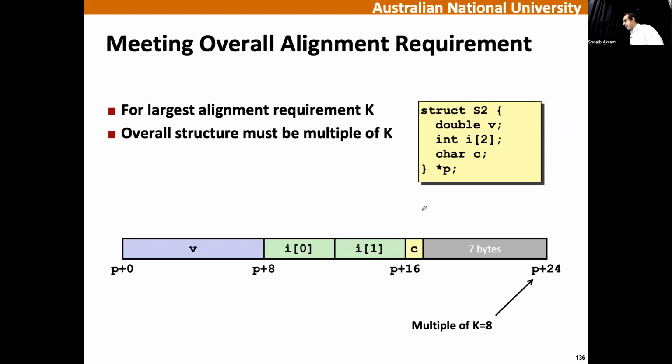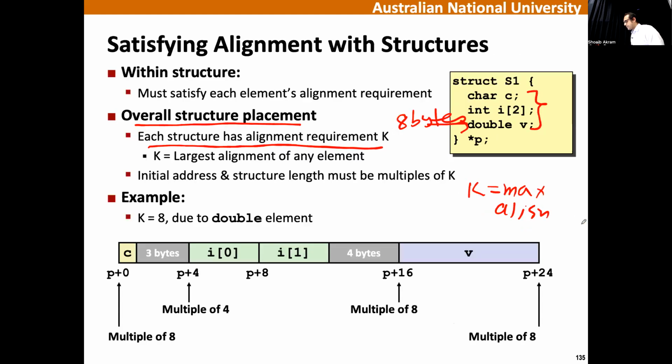Sometimes you have to do padding at the end of a struct, and this is called external fragmentation. And the padding you do inside the struct is called internal fragmentation.